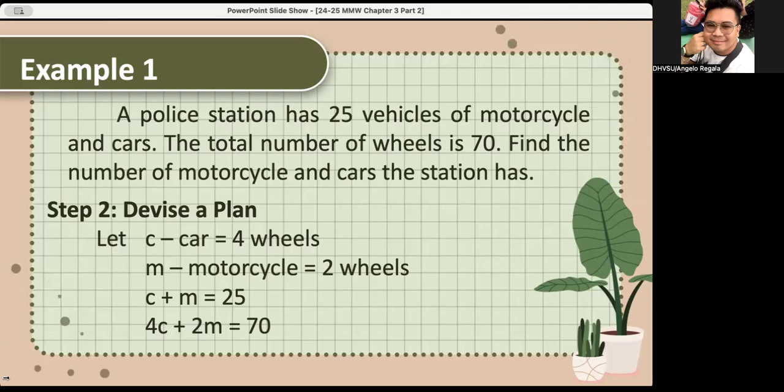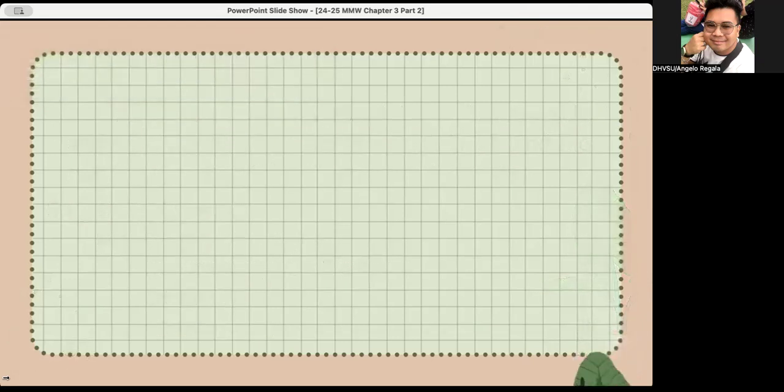Then we also know that the sum of the wheels, four wheels in a car and two wheels in a motorcycle, is equal to 70. So we have 4 times the number of cars plus 2 times the number of motorcycles equals 70.